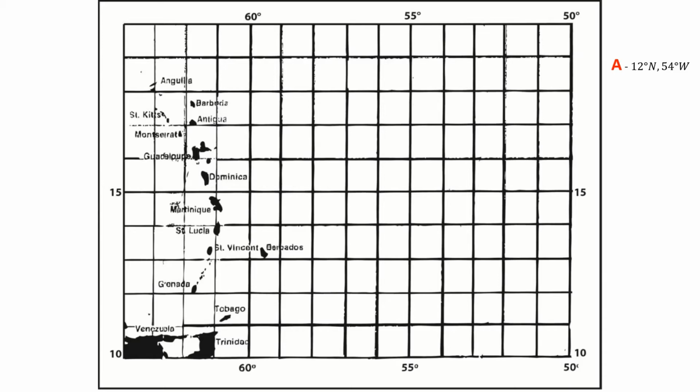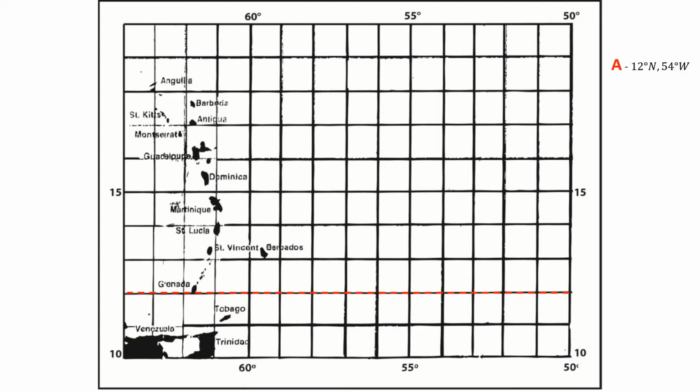That means the point A is somewhere along the 12-degree north line. That line is 2 lines up from 10 degrees north, so somewhere along this line. It is at the same time somewhere along the 54-degree west line, the vertical line just before 55 degrees west.